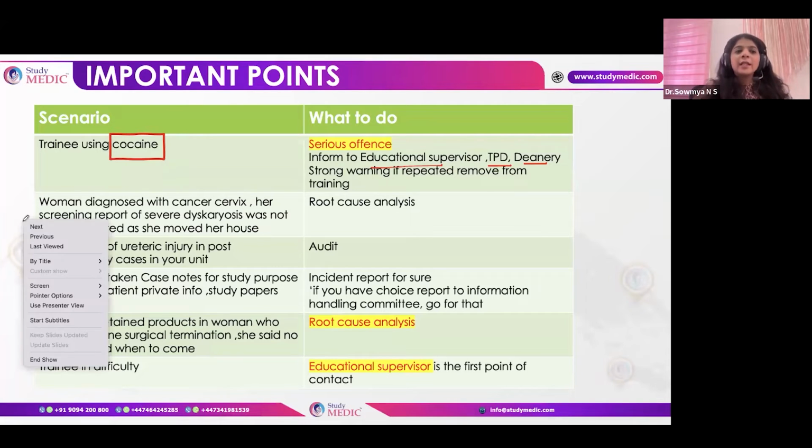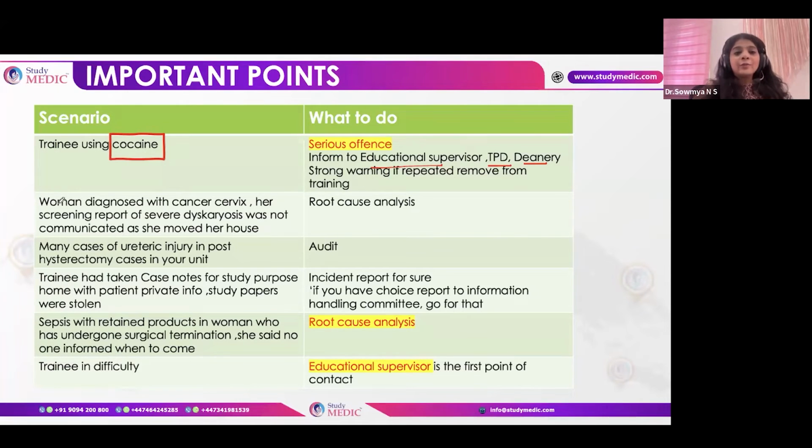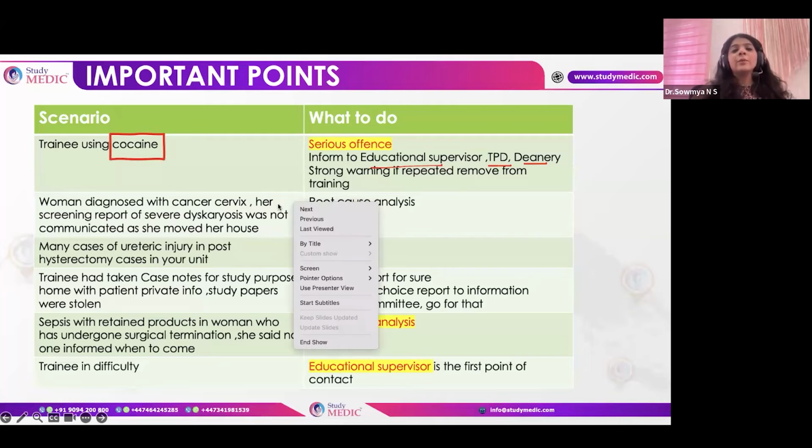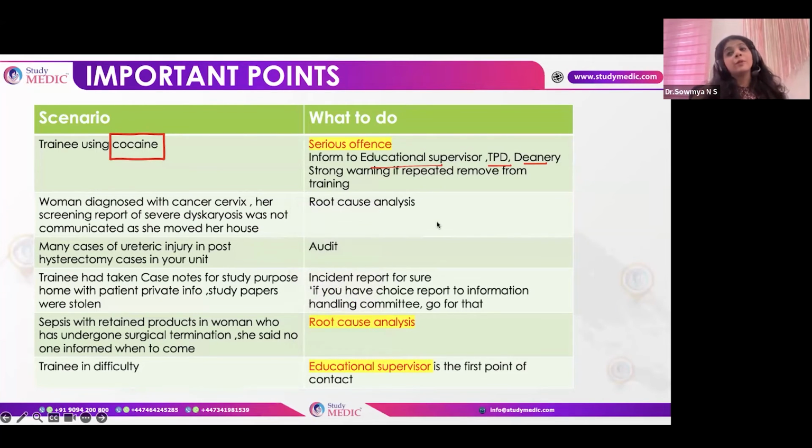The second one: a woman has been diagnosed with cancer of the cervix, and her screening report of severe dyskaryosis was not communicated. So that is not correct, right? It was not communicated as she moved from one place to another.